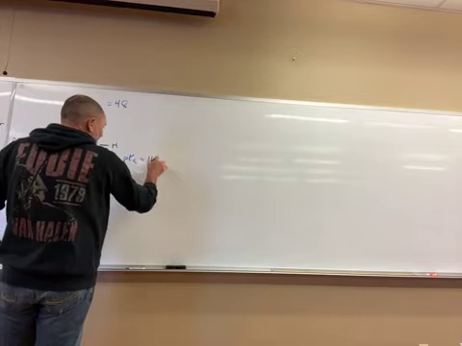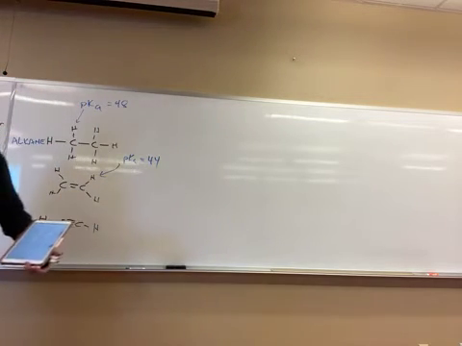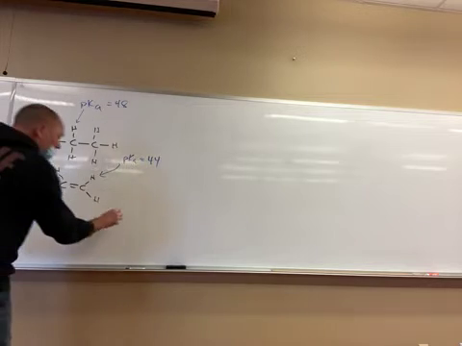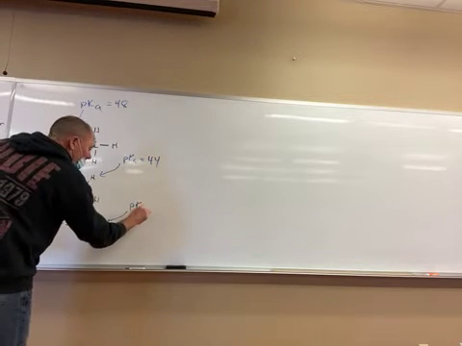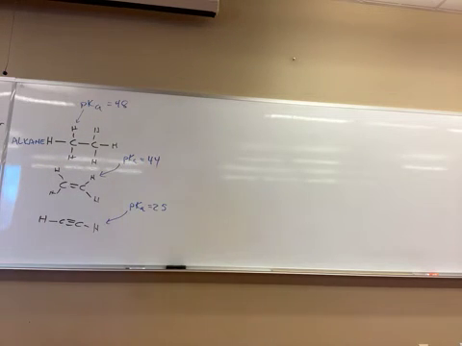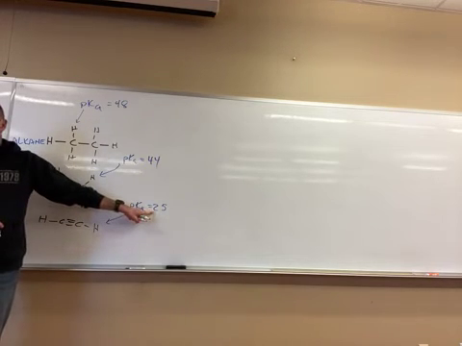Well, it's still really not very acidic. Meaning, it doesn't want to come off. But by the time you get to the alkyne, something changes. Notice, the alkyne is 25. Ooh. So when we get to the alkyne, we see that it's 25.